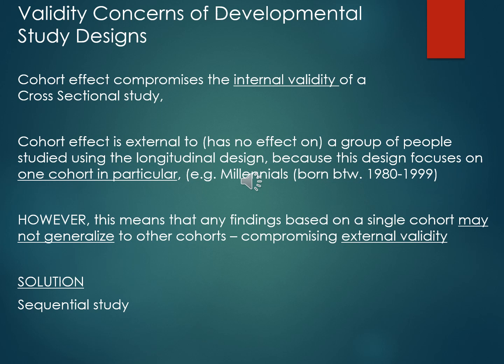So even if cohort effect is actually present, you don't have a chance to observe that in longitudinal study. Therefore, cohort effect compromises or affects external validity of longitudinal study because you're observing only a single cohort. It doesn't generalize to other kinds of cohort.